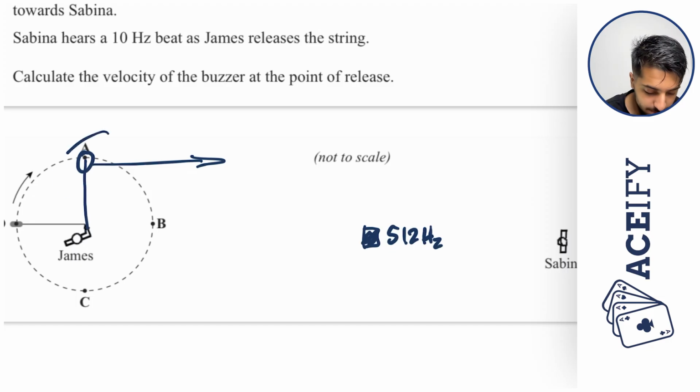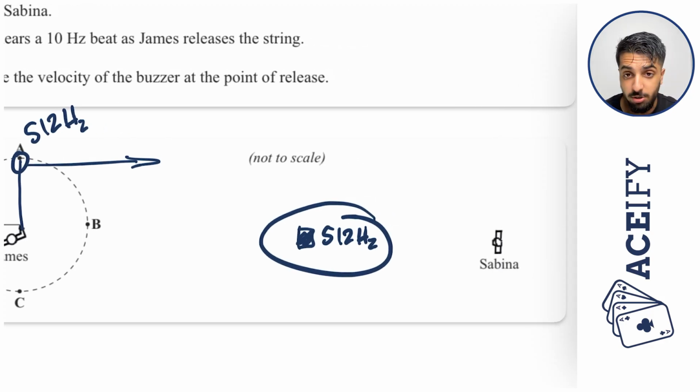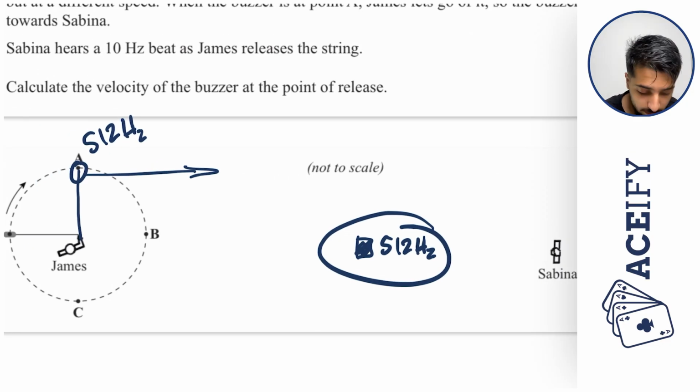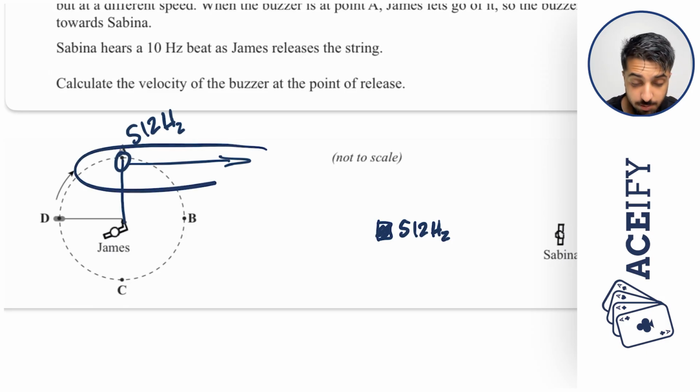So, as this buzzer is flying towards Sabina, Sabina is going to experience a Doppler shift. So even though this buzzer is emitting 512 Hz, due to the Doppler shift, there's going to be beats heard, right? Because this one has no relative velocity, it's just standing still. So Sabina is going to hear 512 Hz from this buzzer, but she's going to hear a higher frequency from this buzzer because it's moving towards her. And that's what we're trying to find, the velocity at which this buzzer was released.